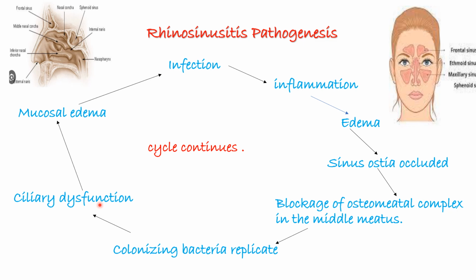So in our sinuses, we are going to have blockage, we are going to have replication of bacteria, and we're not going to remove these contents out. That will also result in mucosal edema and a continuous cycle of infection, inflammation, edema, sinus ostia blockage of the osteomeatal complex, colonization of the bacteria, ciliary dysfunction, and mucosal edema. I hope you have understood.